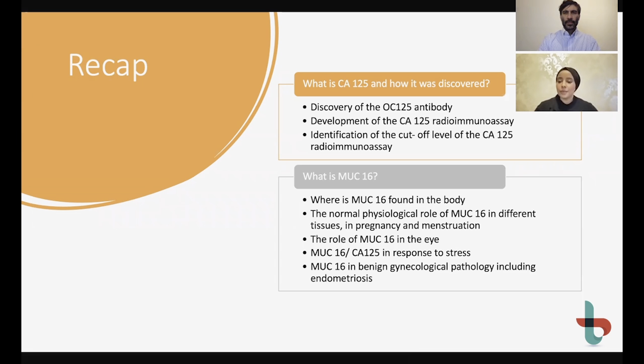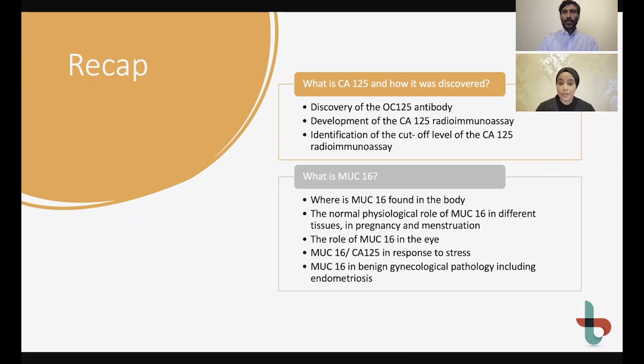So in the first lecture, we talked about what CA125 is and how it was discovered. We talked about the discovery of the OC125 antibody by Dr. Robert Bast and his colleagues, and how that resulted in the identification of this molecule CA125, which was then used to develop a blood test. We also talked about how the cutoff level was identified.